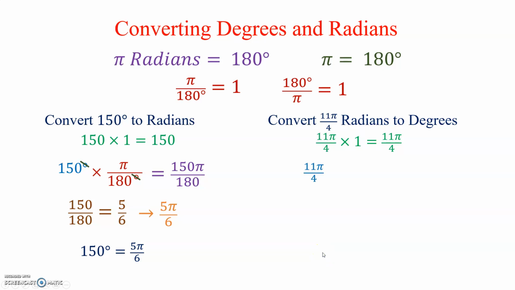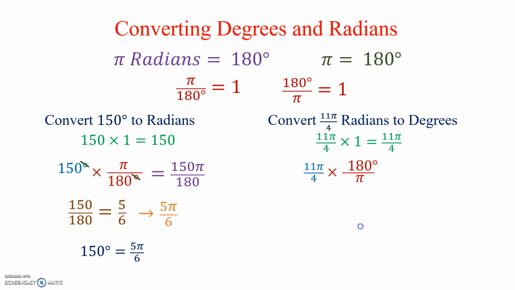If I take the 11 pi over 4, because it's in radians, because I've got the pi, if I'm trying to convert from radians to degrees, I don't want the pi anymore. So I'll multiply by one of these versions that has pi in the denominator. Well, it's obvious this is the one that has the pi in the denominator, so that forces me to put the 180 on top.